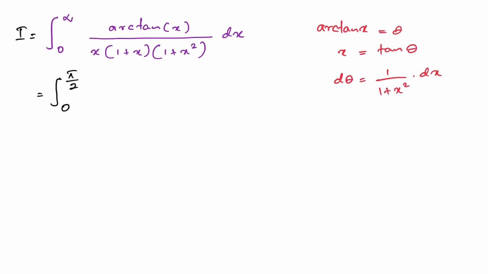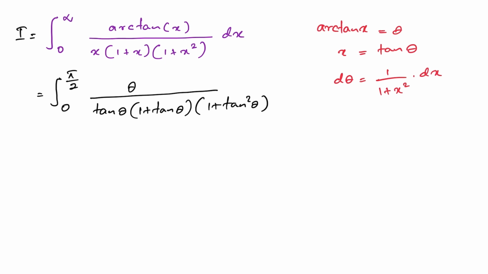Then arctan of x is theta, and x is tan of theta. So we have tan of theta times (1 plus tan of theta) times (1 plus tan squared of theta).